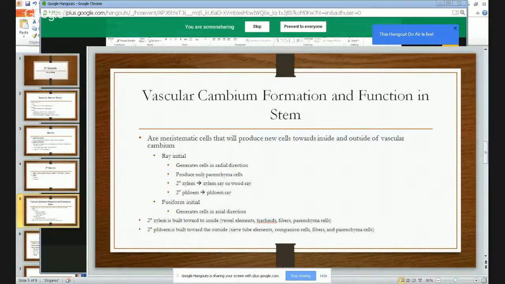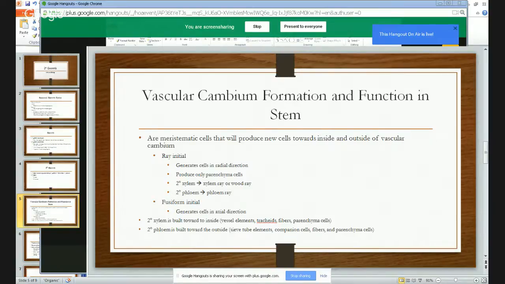So there's two different types of initial cells. You've got your vascular cambial fusiform cells, and you've got your vascular cambial ray initial cells.